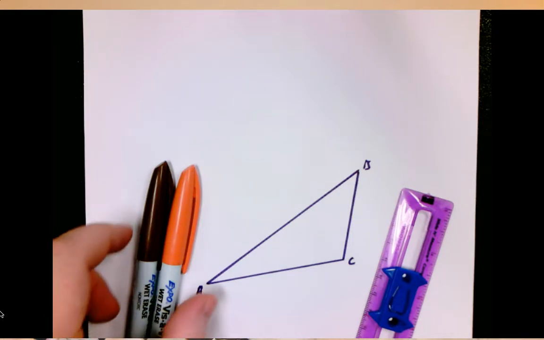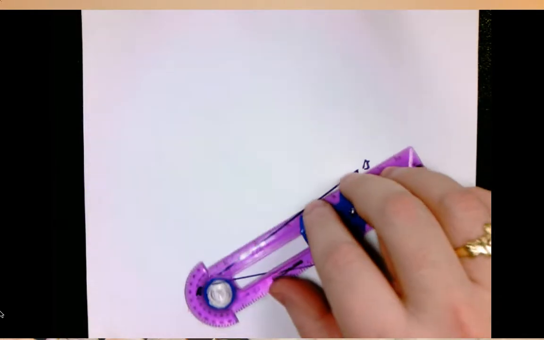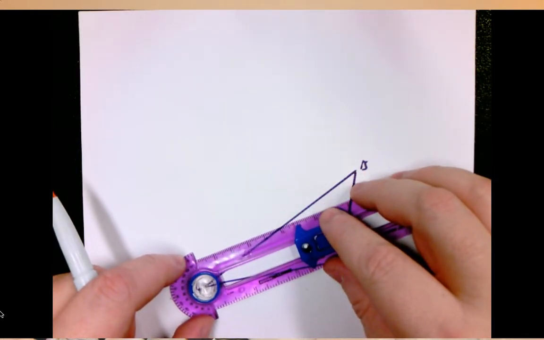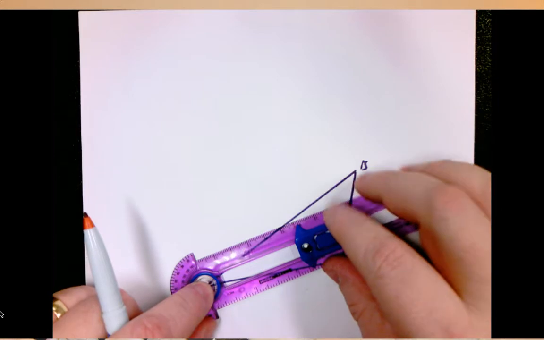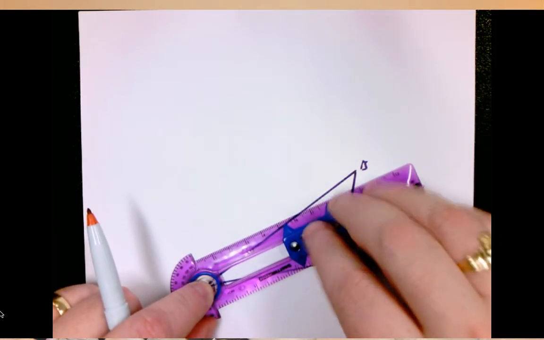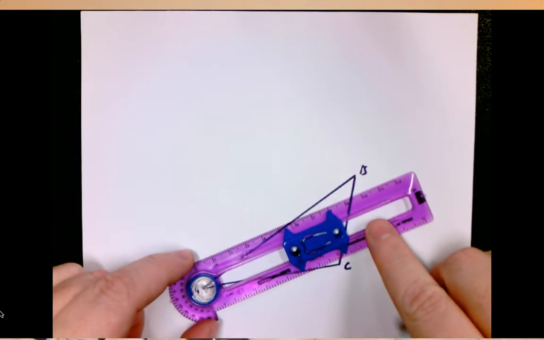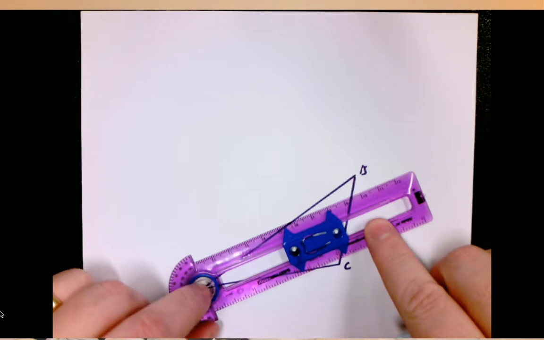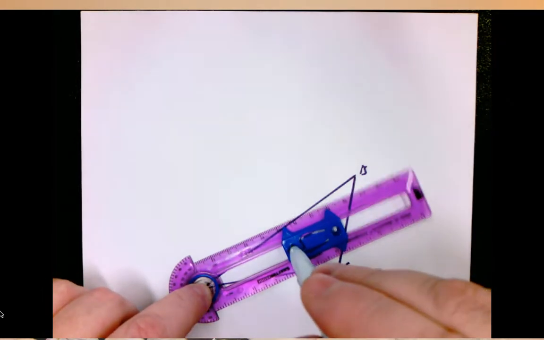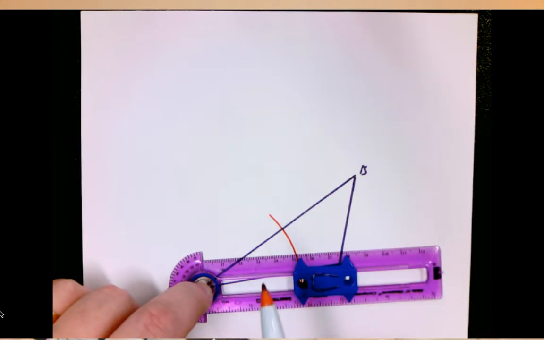We're going to start off by doing the angle bisector of angle A. So we put our crosshairs here on point A, and we need to draw an arc of any radius, and it needs to intersect the two sides of the triangle.